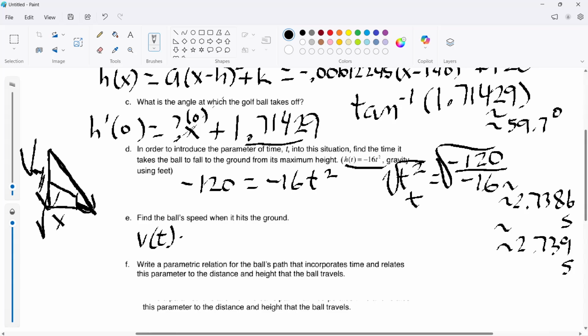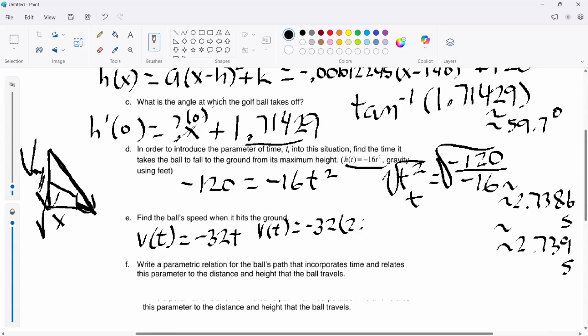So v of t equals, by the power rule, 2 times negative 16 is negative 32t. So v of t equals negative 32t, and the y component is negative 32 times 2.739.